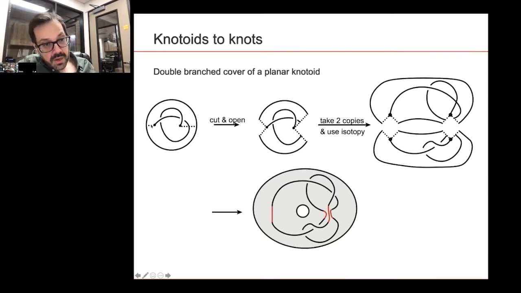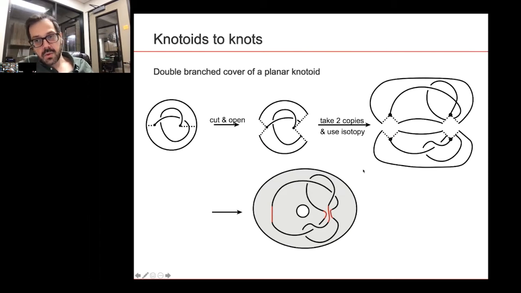We extend two parallel lines from the endpoints to the disk that surrounds this. We cut, we open, we take two copies of that. We bring one opposite the other. We do some isotopy so the ends match, and we just connect, and we get a knot in the annulus. Then we can lift it, and we can have a knot in the torus as well.